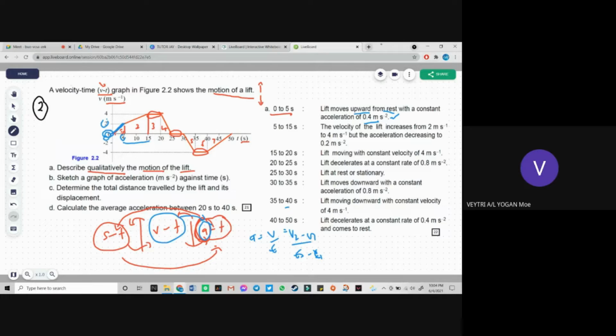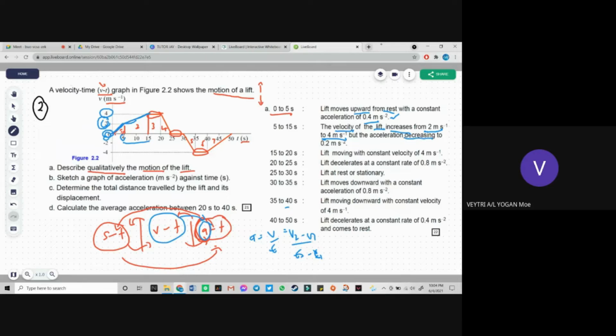5 to 15, you can still see an incline, or increasing velocity. So the answer will be the velocity of the lift increases from 2 meter per second to 4 meter per second. But you have already stated the velocity, you have to say acceleration too.